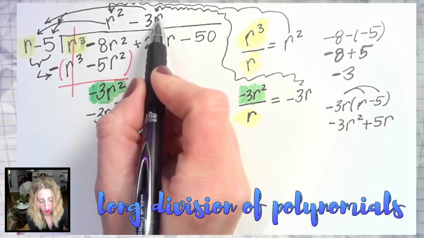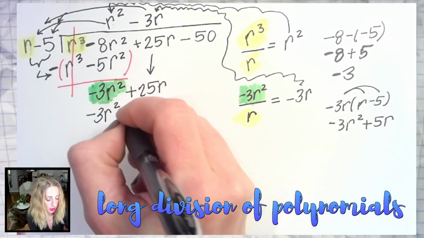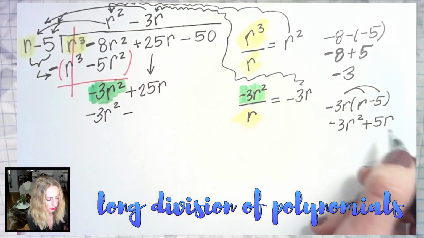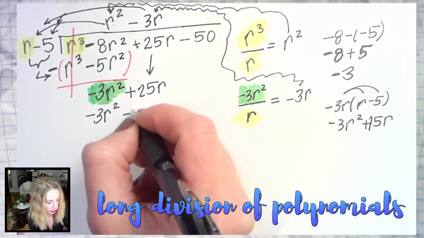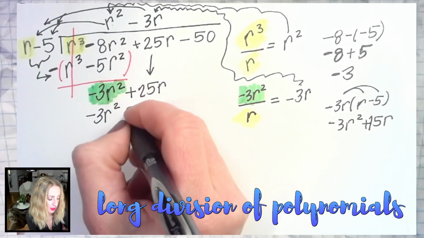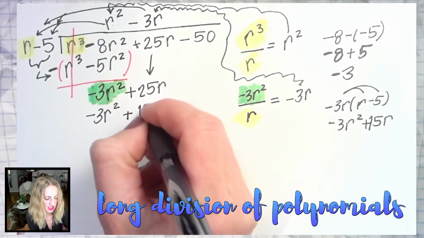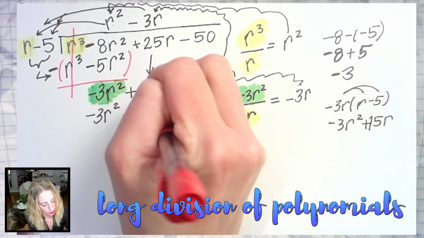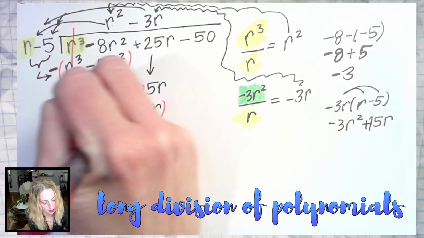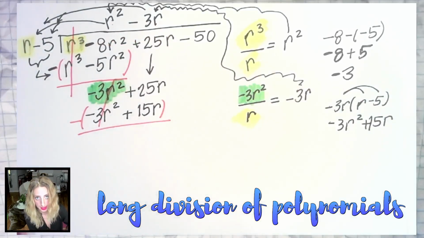Negative 3r times negative 5 is, I wrote 5 before. It was 15. Sorry. Negative 3r times negative 5 is positive 15r. Then again, our phrase that pays: parentheses, minus sign, underline, cancel.